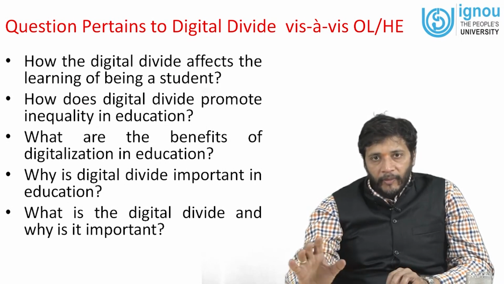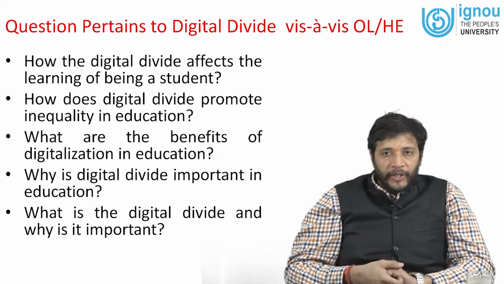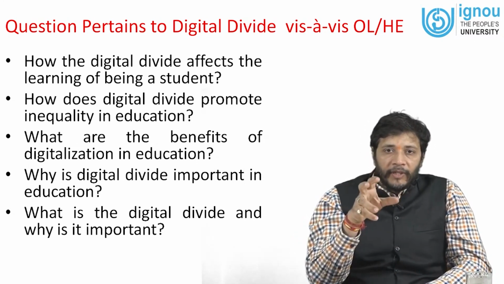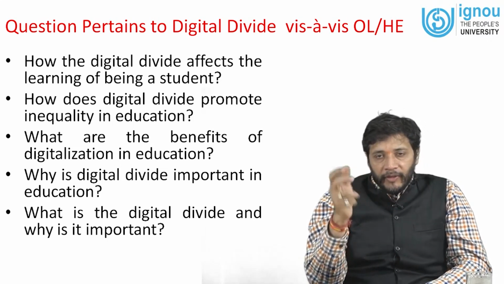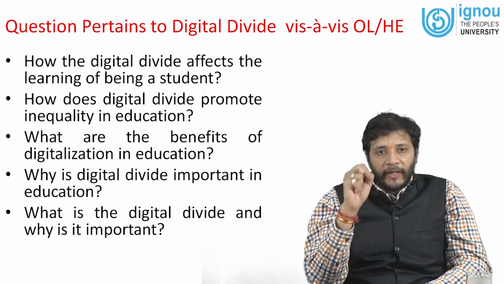I have talked a lot about what online learning is and how higher education is changing. There are certain questions about the digital divide when we talk about online learning or higher education: how does the digital divide affect the learning of a student?